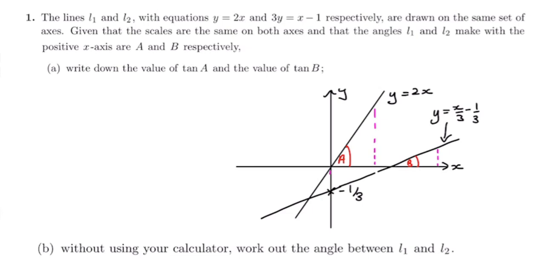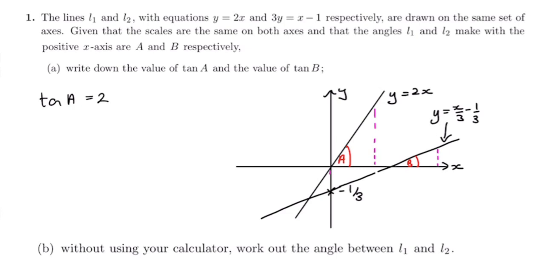So again, if you look at this, the first triangle where I've marked A, you can see that tan is opposite over adjacent, and that corresponds to the gradient of the line that is making angle A. So therefore, tan A must equal 2.